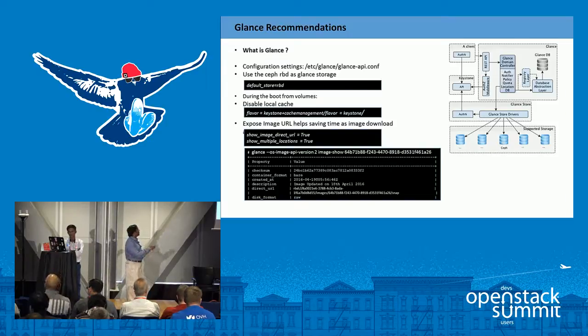Here is an example with the direct URL. We can see the direct URL like this: RBD, image ID, images. The full location will be like this. Else we need to go to Glance, ask for it, keep downloading, and keep it in the local cache or not. So this saves all that time.